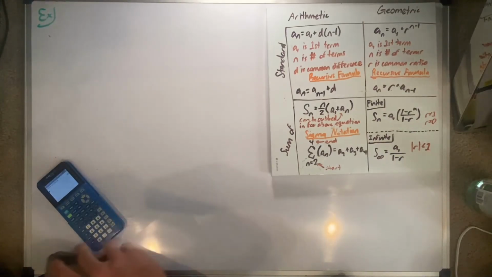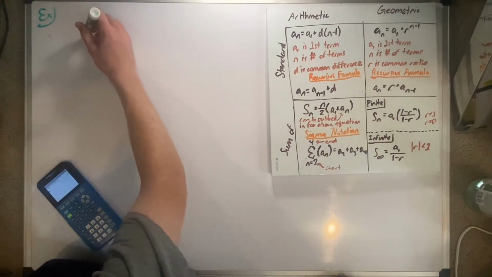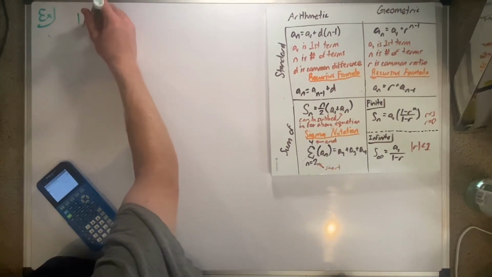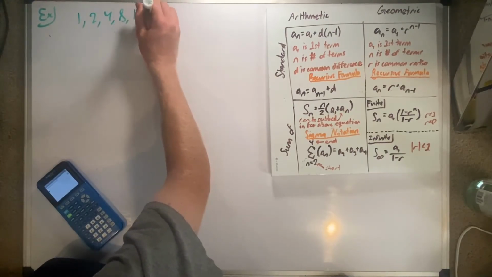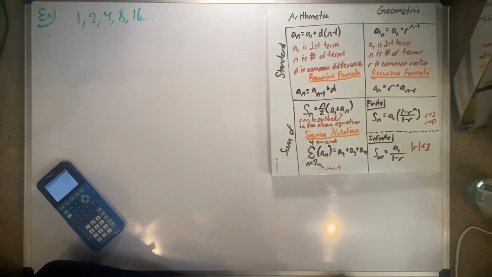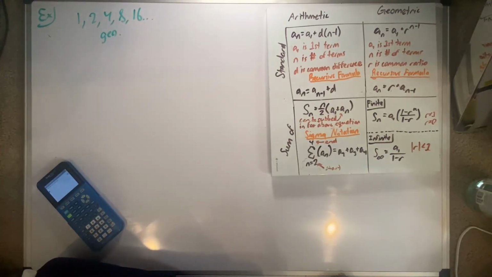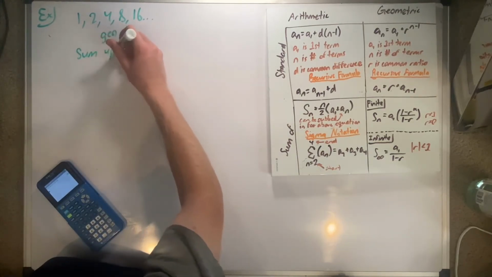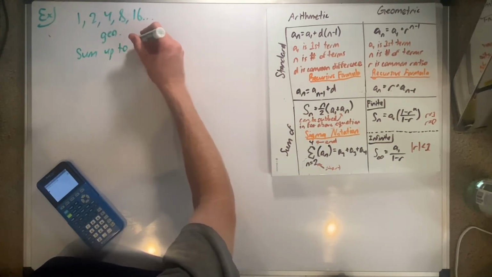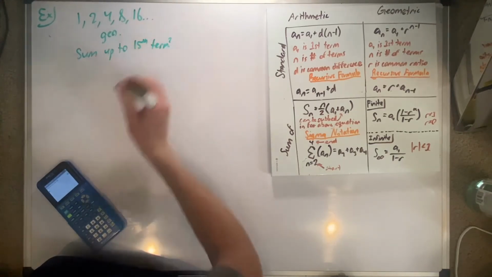Now, let's do one more example where we do a finite series. So let's say our geometric series is 1, 2, 4, 8, 16. That's our geometric series. And then we want to find the sum up to the 15th term.